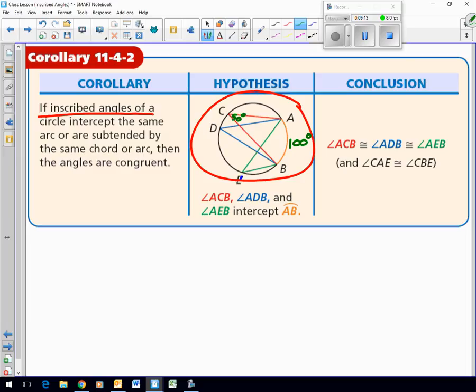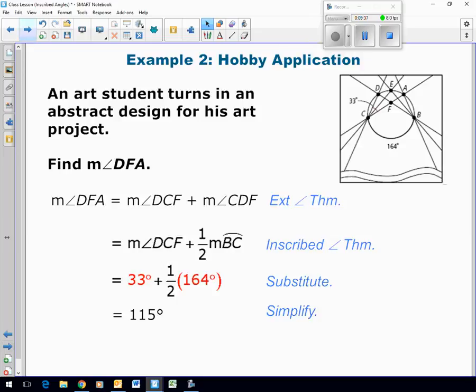Is ADB an inscribed angle? It's going to be 50 also, because it's still 1/2 of the intercepted arc. And is AEB an inscribed angle? It is, right? That's why the theorem looks crazy, but it's really not as bad in practice as you would imagine.